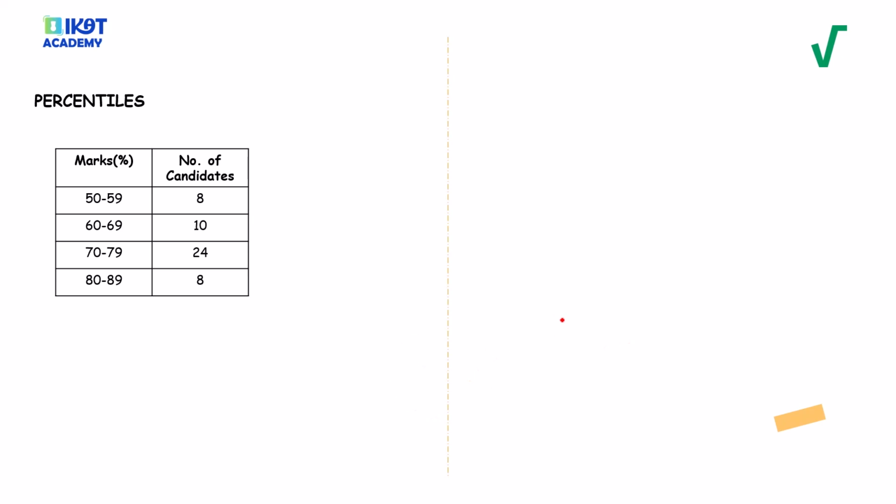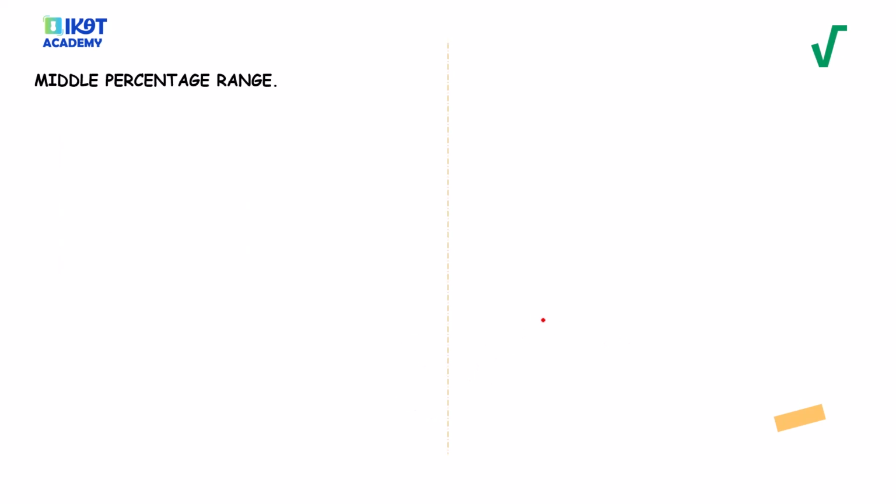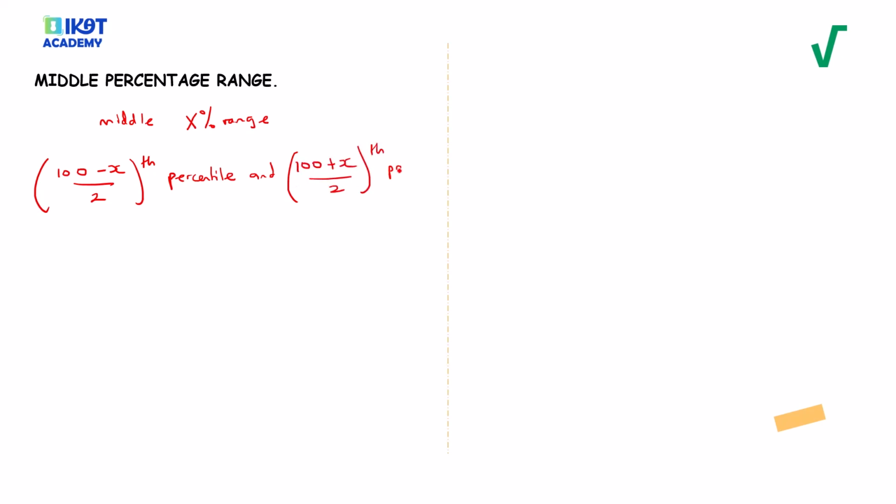We're going to look at an example here, but let's first look at something called the middle percentage range. So I can ask you, compute the middle x percentage range. And now this is simple. We just get the 100 minus x out of 2 percentile, and we also get the 100 plus x out of 2 percentile.